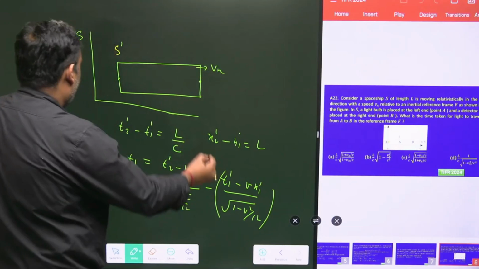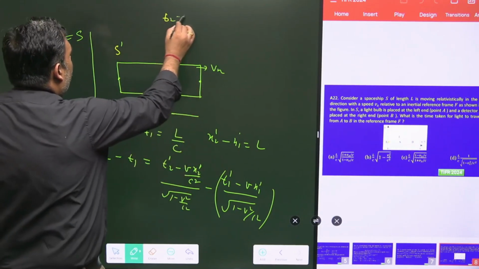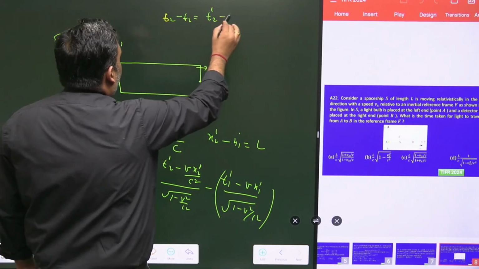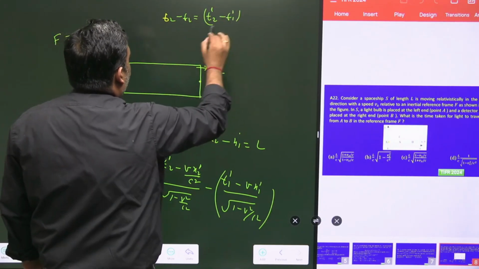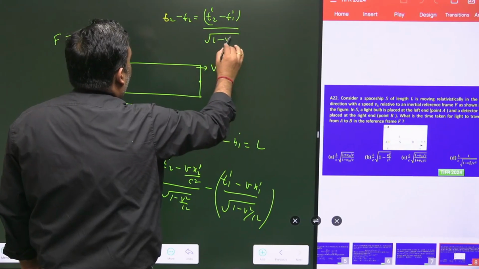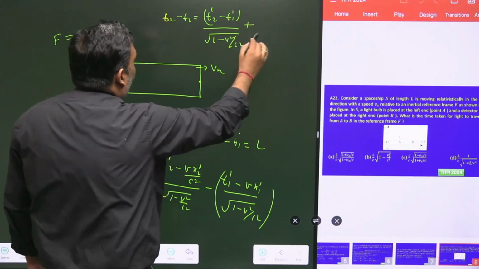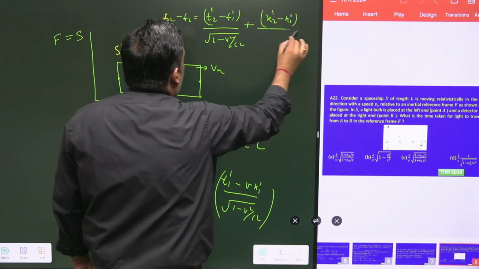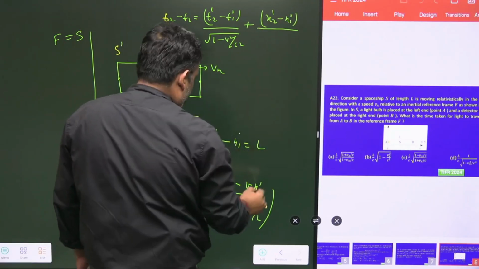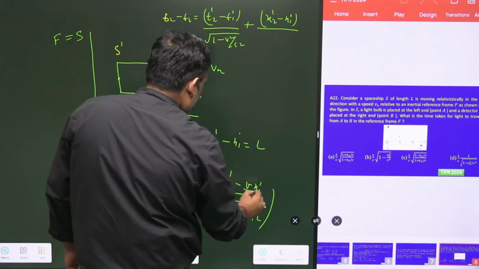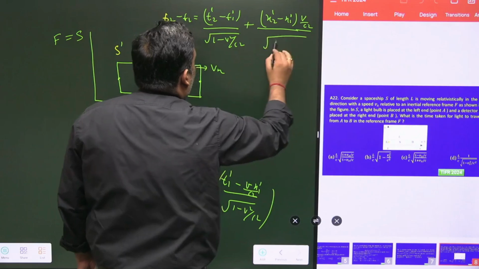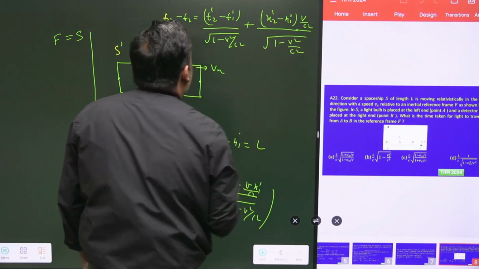So T2 minus T1 is equal to (T2 dash minus T1 dash) upon root under 1 minus V square upon C square, plus (x2 dash minus x1 dash) times V upon C square upon root under 1 minus V square upon C square.